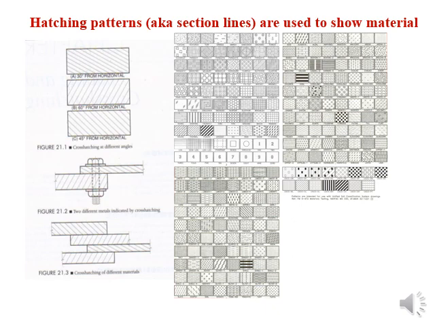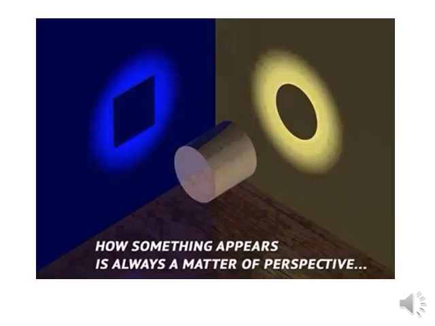If we were using a CAD program or adding a lot of details, we would use hatching or section lines to show the different materials. So remember, when we're doing sketching and looking at pictorial views, how something appears is just a matter of perspective.